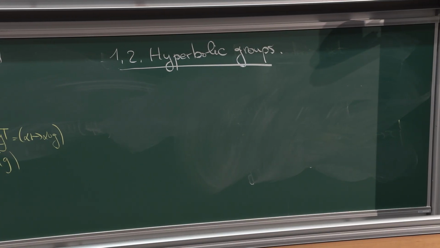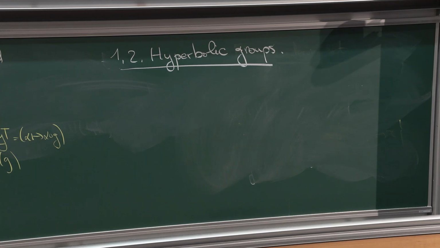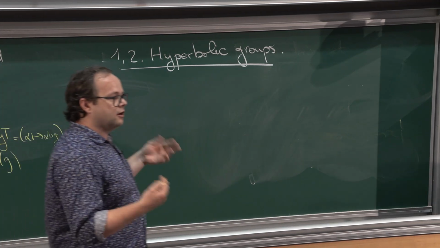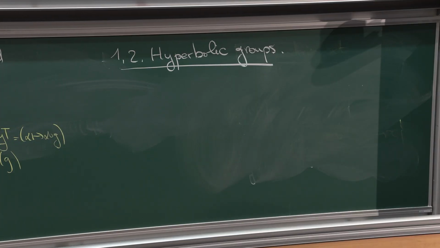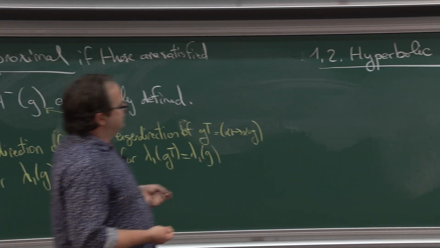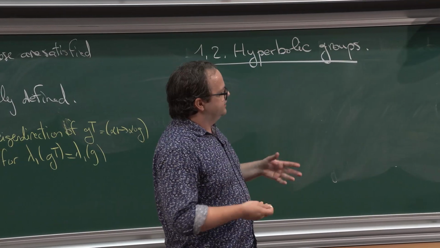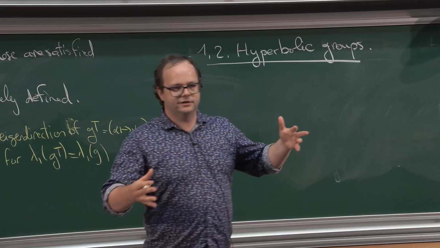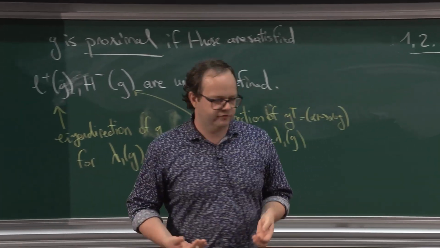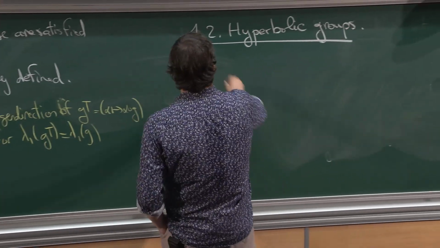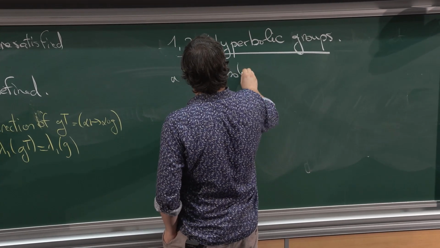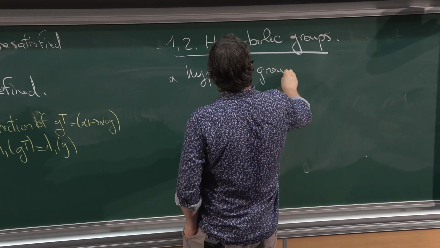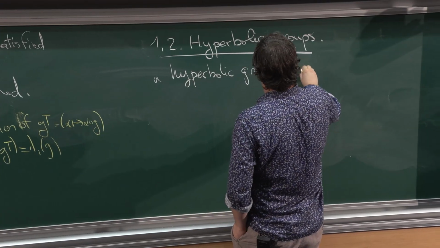Right, so as I said, the example that you only need to keep in mind for hyperbolic groups will be a convex co-compact subgroup acting on H^D. And the important notion that we'll use is the boundary. But you have to remember that this boundary, well, is a boundary at the infinity of gamma. It comes from a compactification of gamma, right? So a hyperbolic group, without giving the definition, comes with a compactification, and this is a theorem.